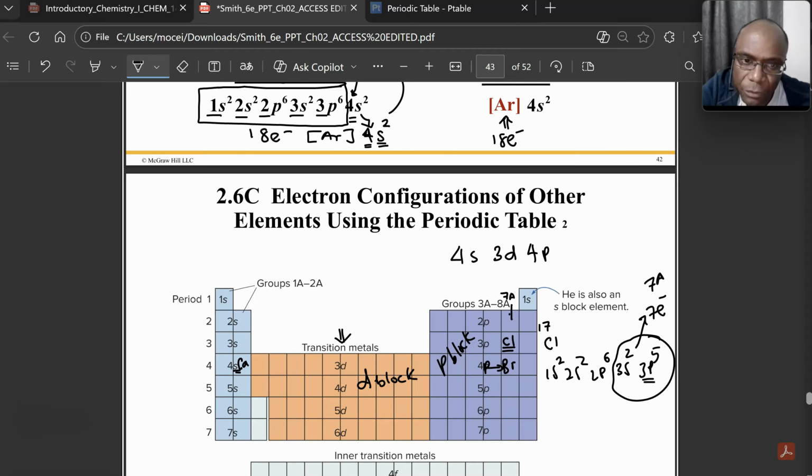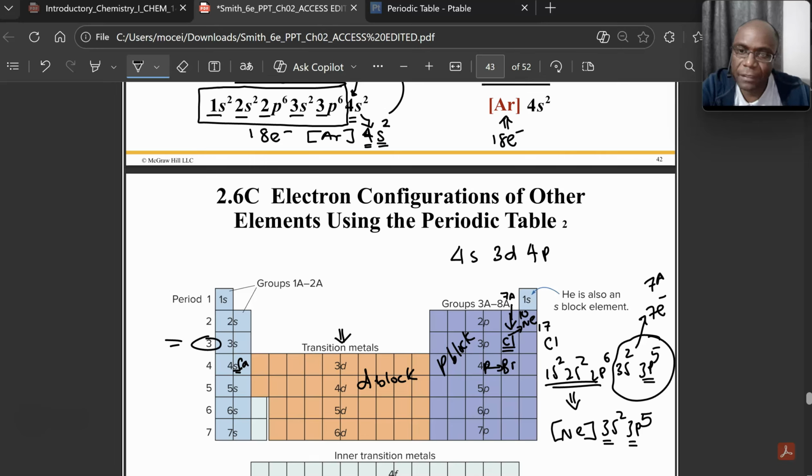Valency of 7, chlorine is found in main group 7. You'll see it right there. If you are to write this in noble gas notation, this is what will help you, because right above chlorine is neon with 10 electrons. So I'll use neon to shorthand, and then it will be 3s2, 3p5. Outermost shell is 3. I see chlorine in the 3rd period. I mean, electronic configuration just tells you everything.